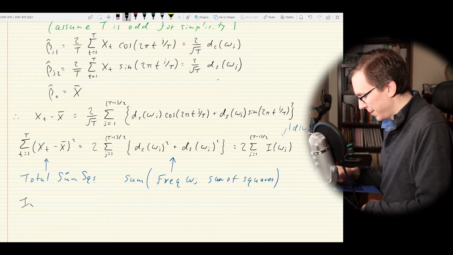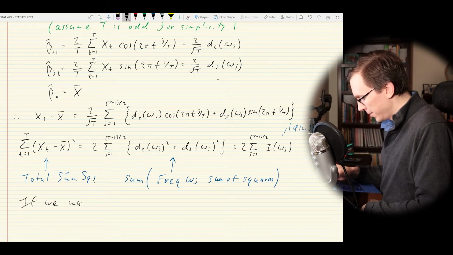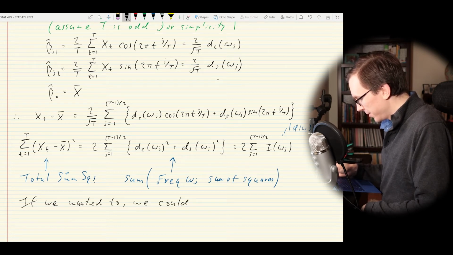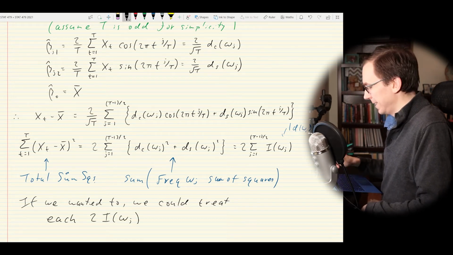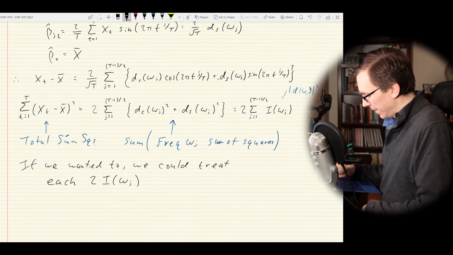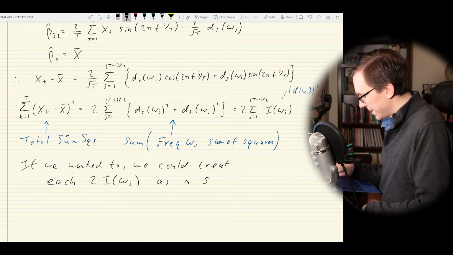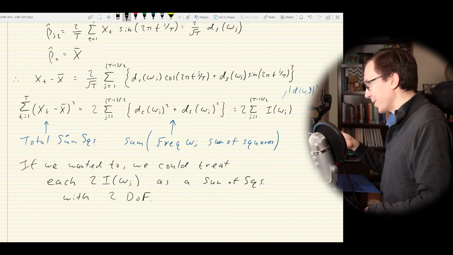At the end, I'll say if we wanted to, we could treat each 2I omega j as a sum of squares with 2 degrees of freedom associated with it.